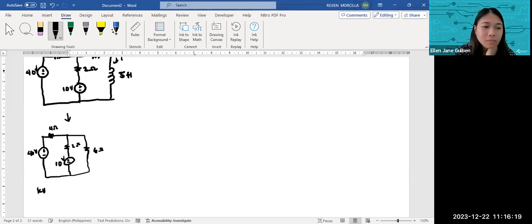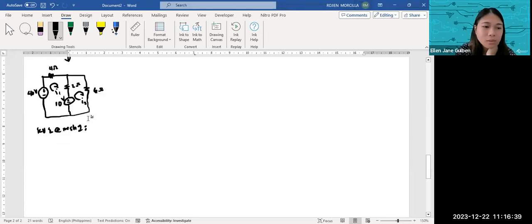KVL at... I2 is the inductor current. KVL at mesh 1. We have negative 40 plus 4I1 plus 2I1 minus I2 plus 10 equal to 0.